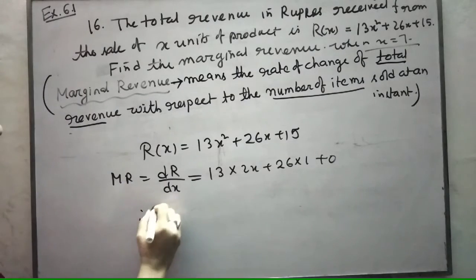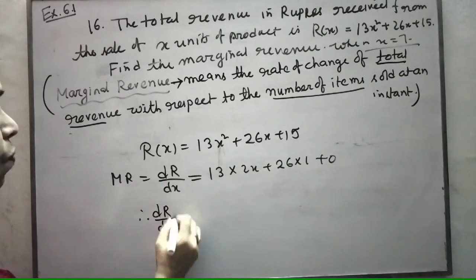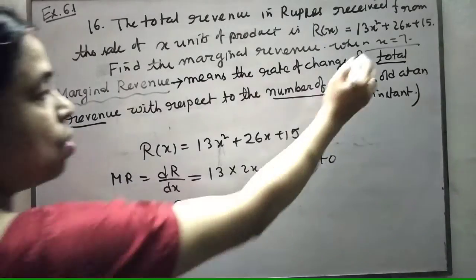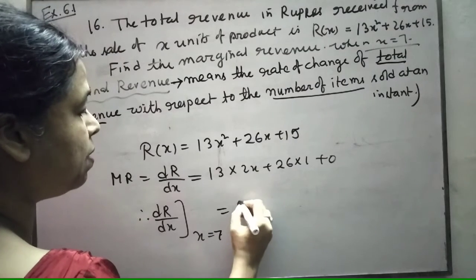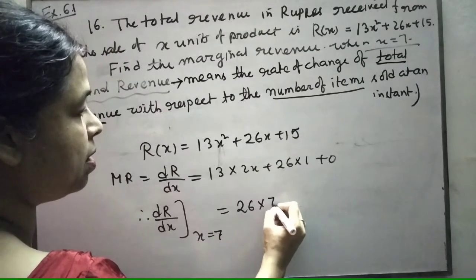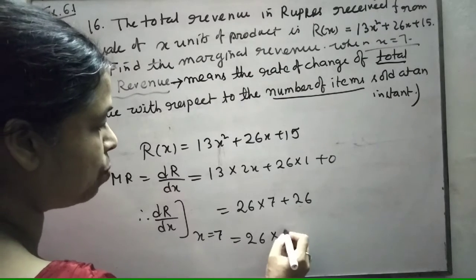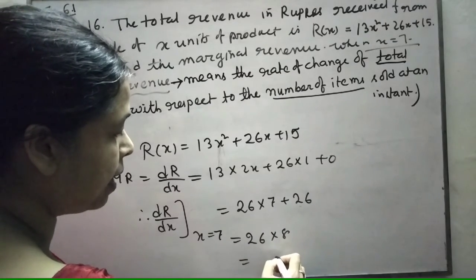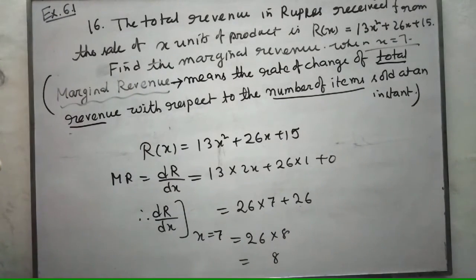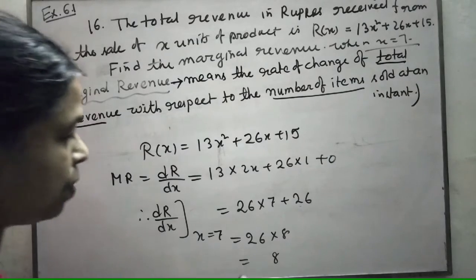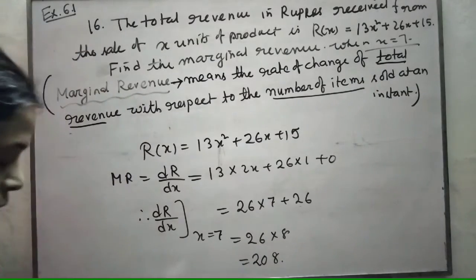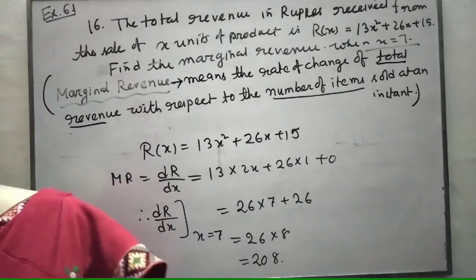Now we calculate dR/dx at x equal to 7. That is 13 times 2 times 7 plus 26. Doing the calculation, this is 26 times 8, which is 208. So this is the solution of question number 16.